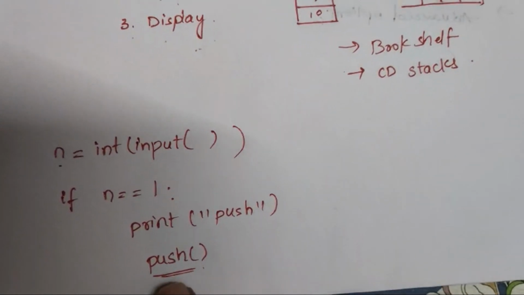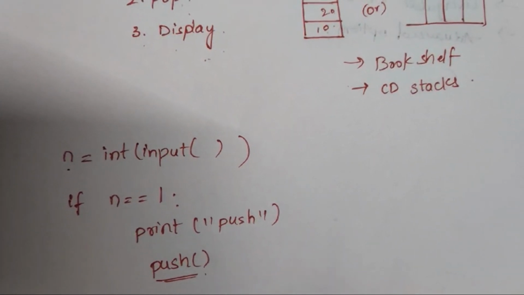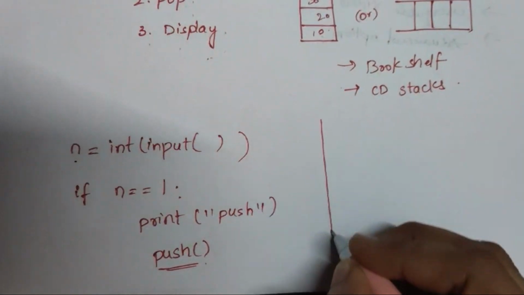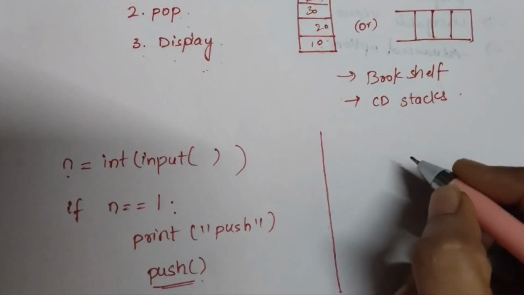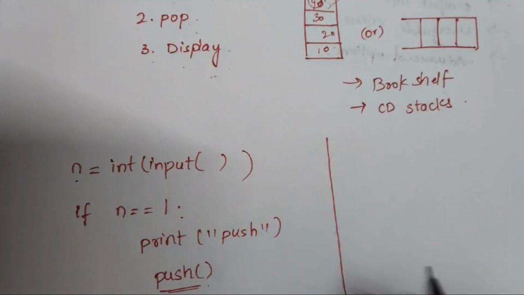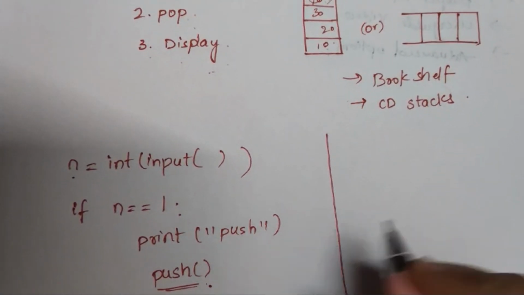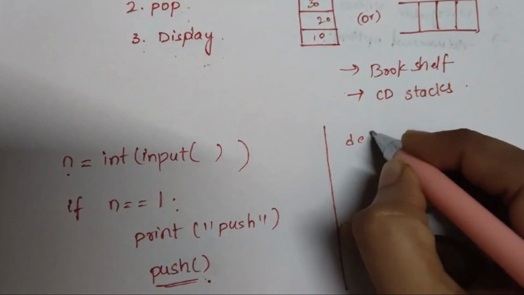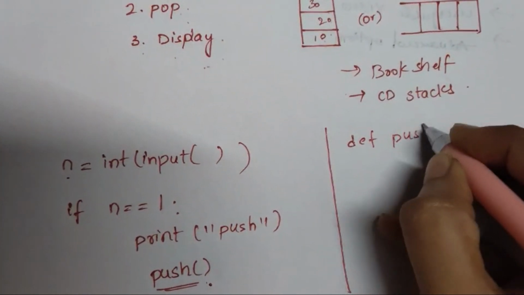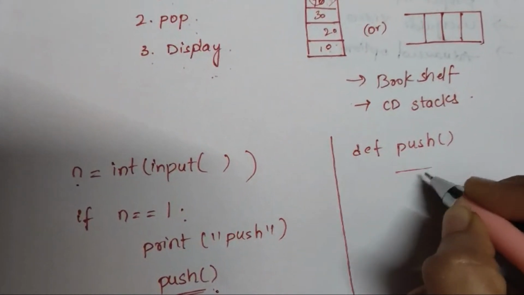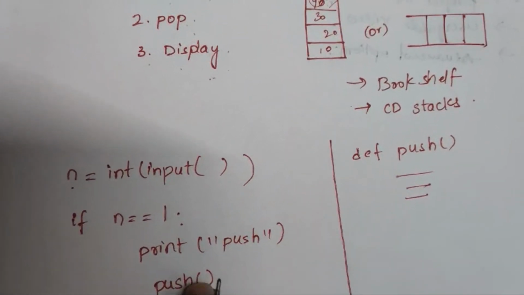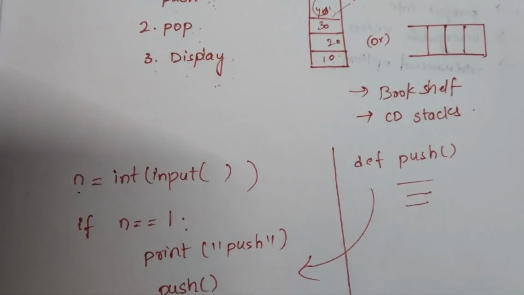Here we are calling this. Then for this we'll be writing functions. Def push. In this we will be writing code. So this will be called here.